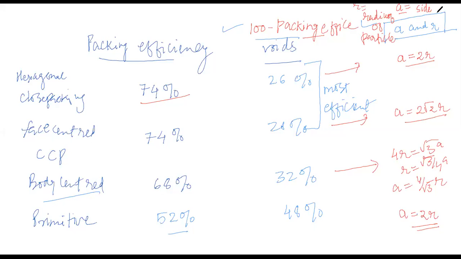So A is the side of the unit cell and R is the radius of the particle which is arranged in the unit cell. My dear students, this table you should learn well. It is very important.